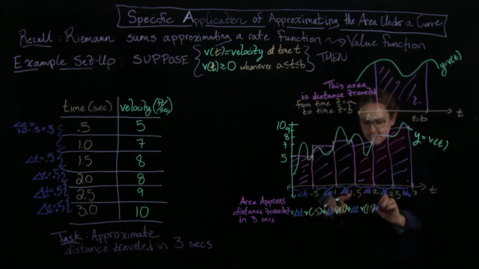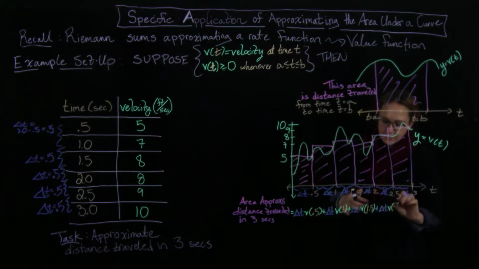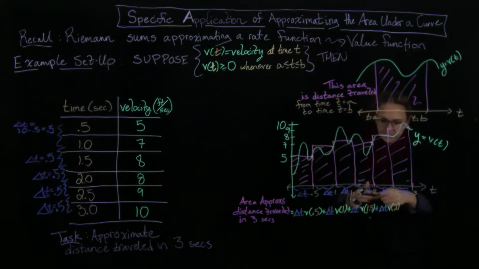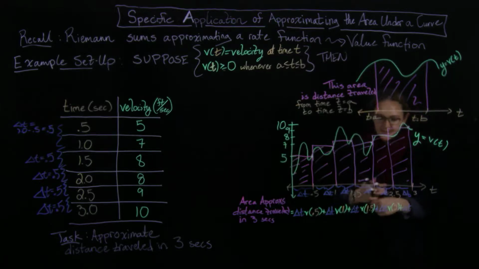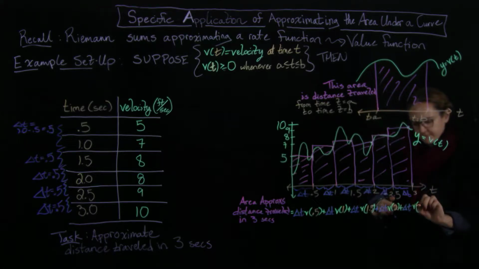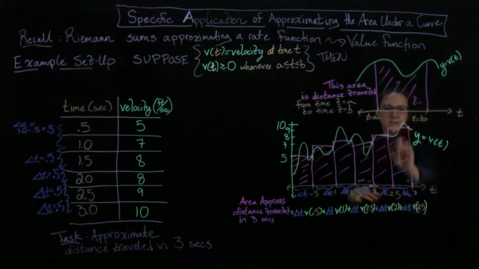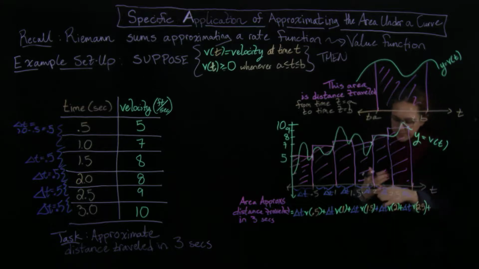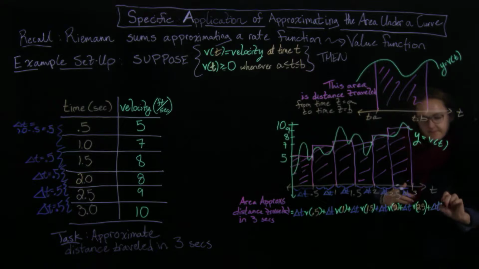So I have delta t times the velocity at 2, plus delta t times the velocity at 2.5 to get this rectangle. And I'm almost done because I just need the area of this last rectangle. So I've got plus delta t times the velocity at 3.